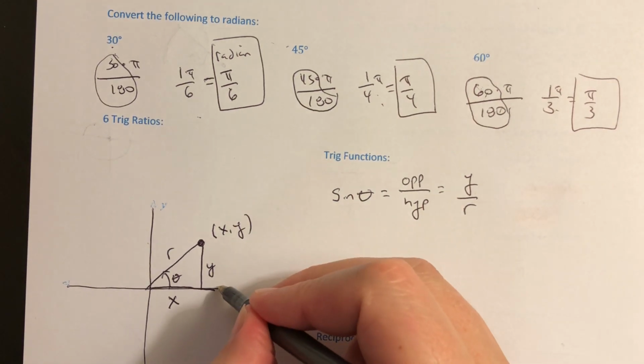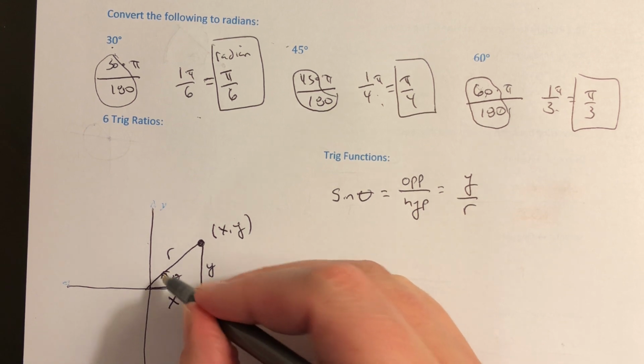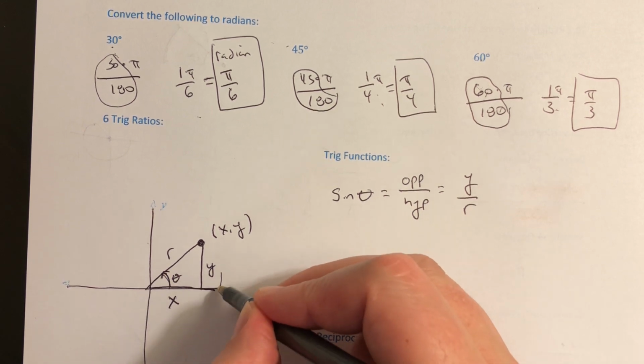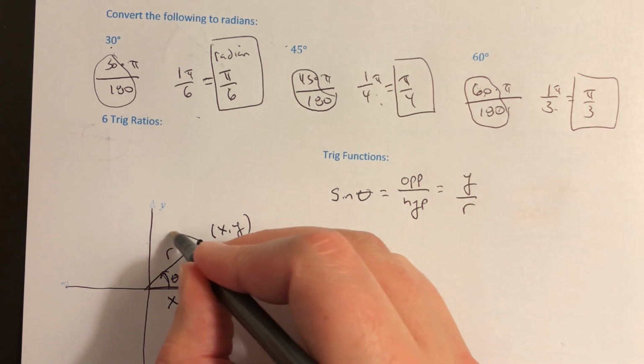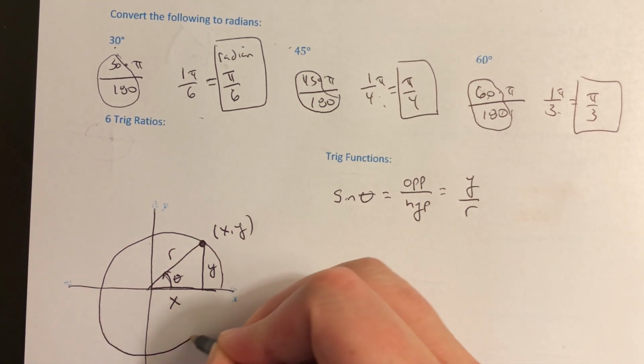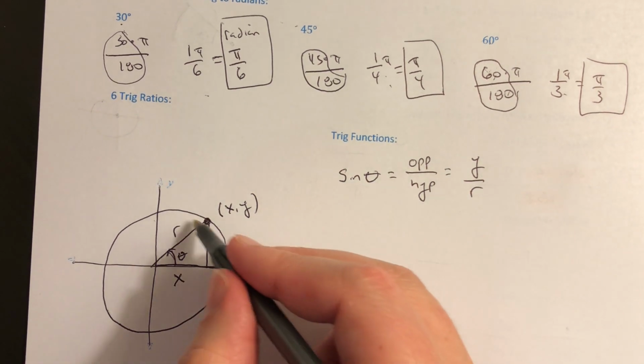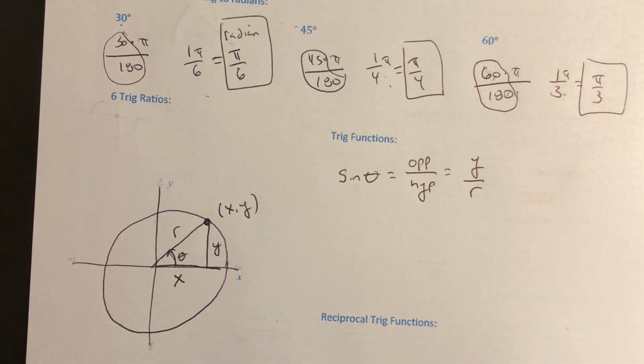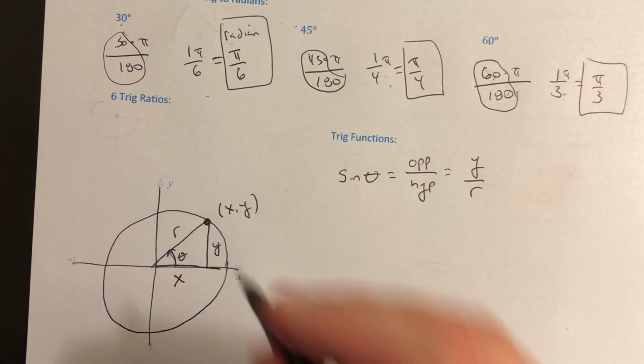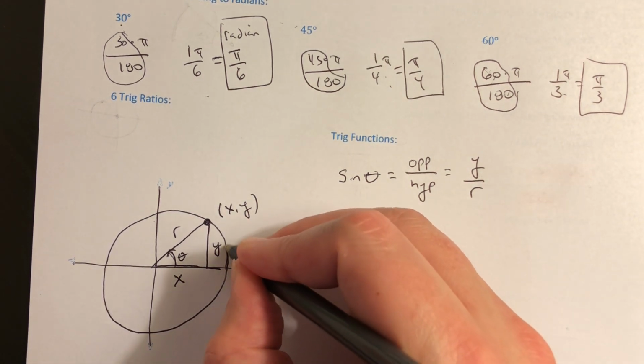But the reason we call it r is because we're going to start talking about not only rotational measurements, that's our degrees, but also how far around a certain circle we've traveled. Well, that's our radian measurement.